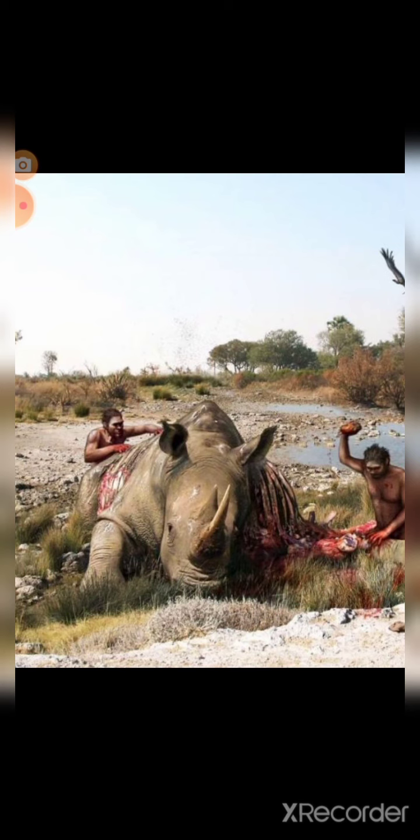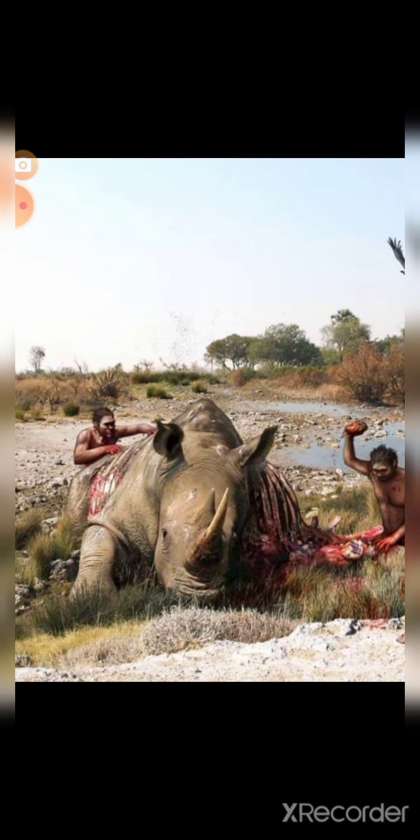They had to defend themselves from animals. The animals attacked the people, so they had to protect themselves. They had to find a way to escape from this attack of these animals.